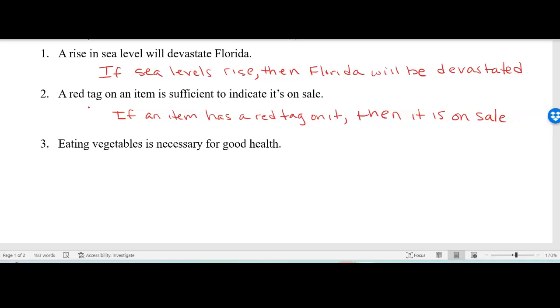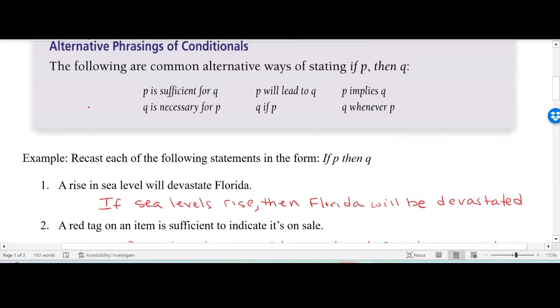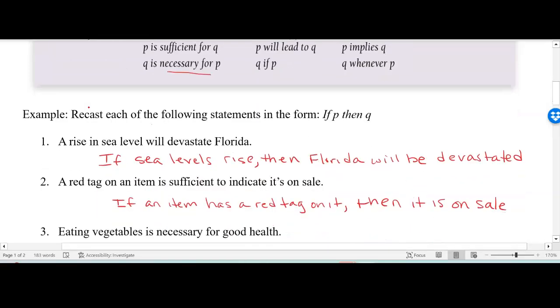One more. Eating vegetables is necessary for good health. Go back up to this table. Notice what it looks like. Q is the first one. So when we say is necessary for, the Q statement was first. But use this table to kind of help you with this.